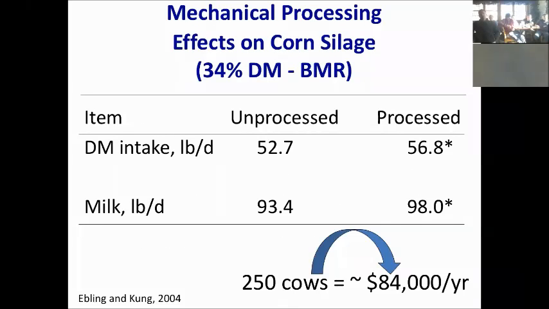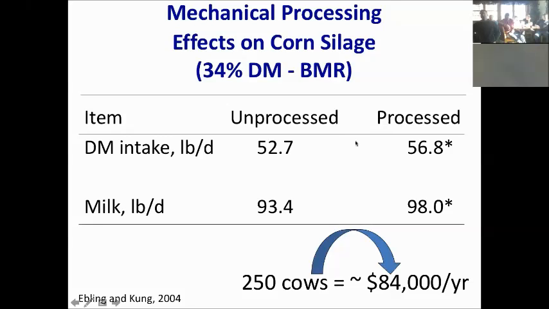This was an early study that we had done several years ago. Now it's almost 12 years ago, where we happened to have a BMR corn silage, unprocessed and processed, and everything was completely the same in the diet. Same forage concentrate ratio. The BMR was just from the same field. Just part of it was unprocessed and part of it was processed.